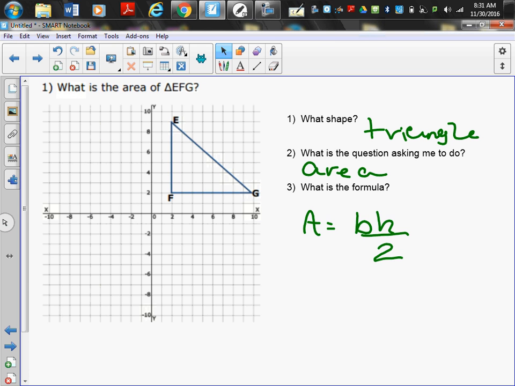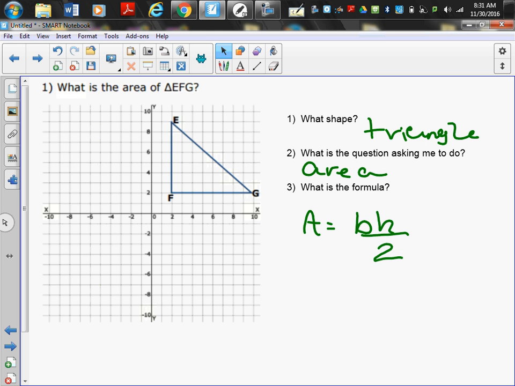Miss Brown? Yes? All right. Tell me the name of the line segments that I can just count. I can count line segment EF and FG. Perfect.